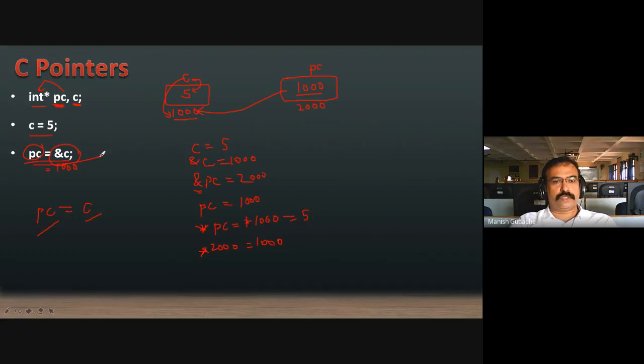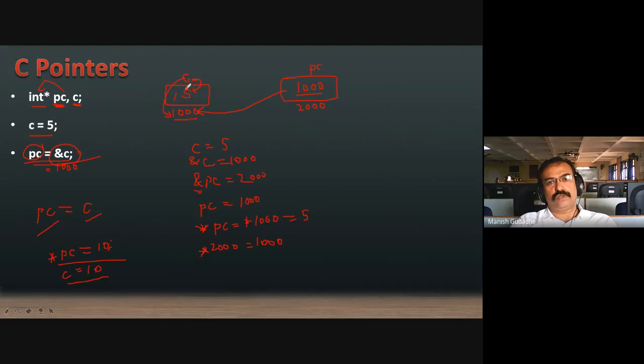Okay, this is possible. Even what will be possible? Value at PC I can change to say 10. And if I am saying C is equal to 10, both are the very same statement. Okay, C value is changed to 10, or value at PC, that is value at 1000, is changed to 10.